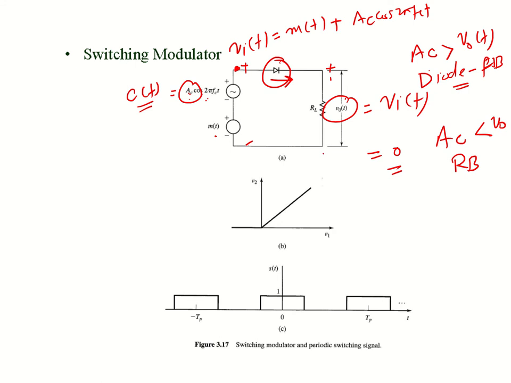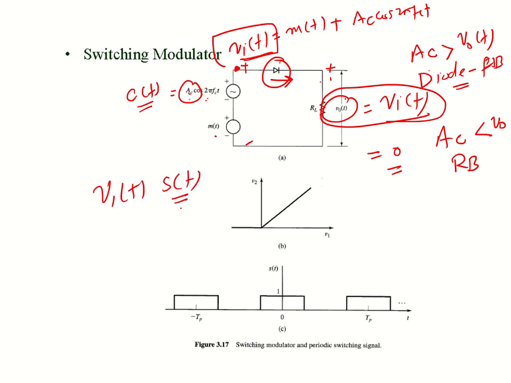So what does this mean? It means the input which you are getting, when the diode is forward biased, you are getting that as an output. So basically your input is multiplied with a switching signal. What is that switching signal?